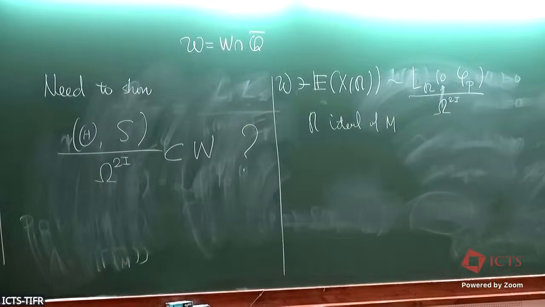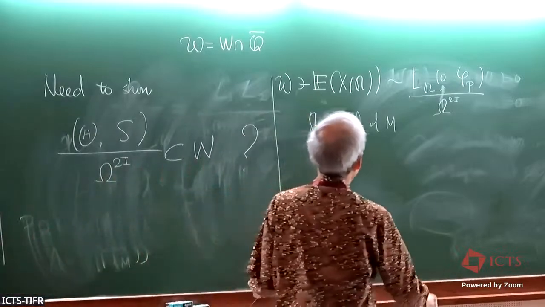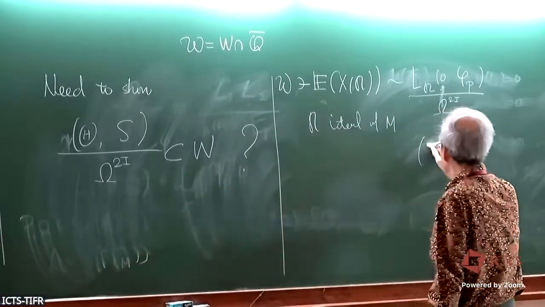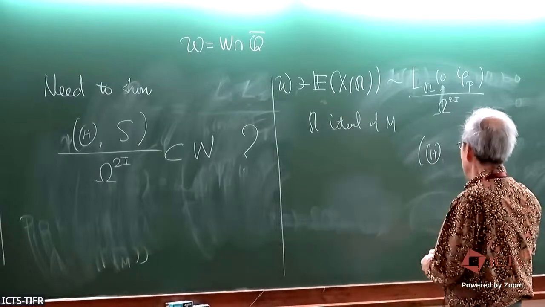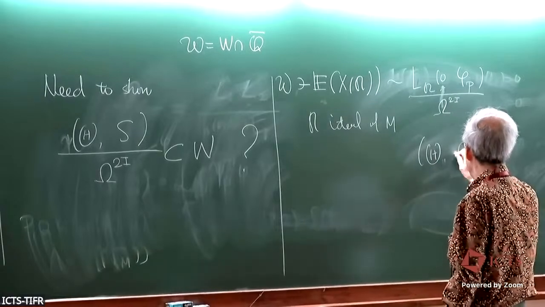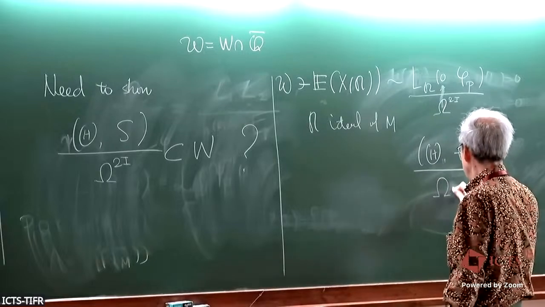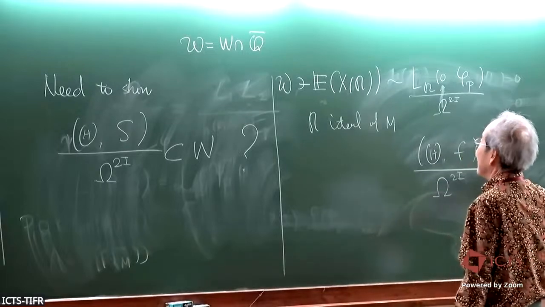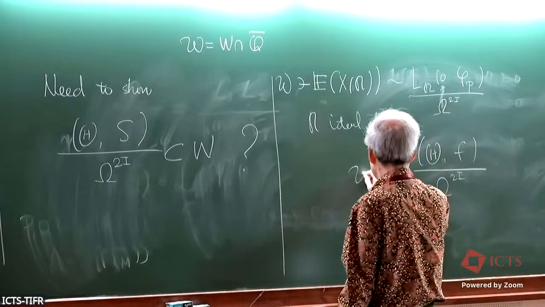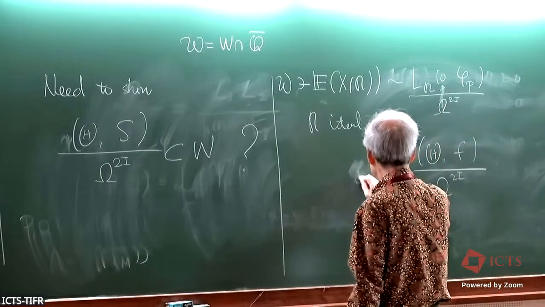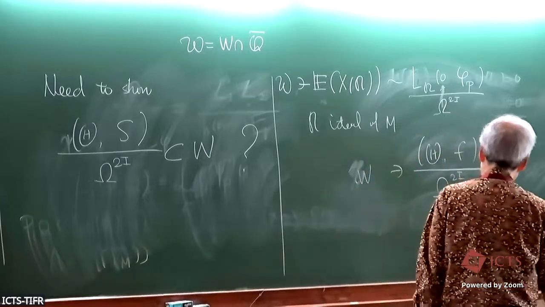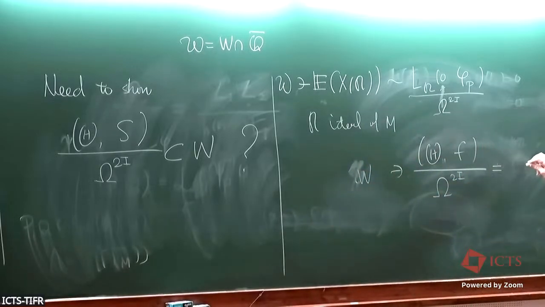So I need to show that something, not the L-value, theta of F, omega to I, is in W. So I need to find that this is some Hilbert modular form with integral Fourier coefficients of X_A.